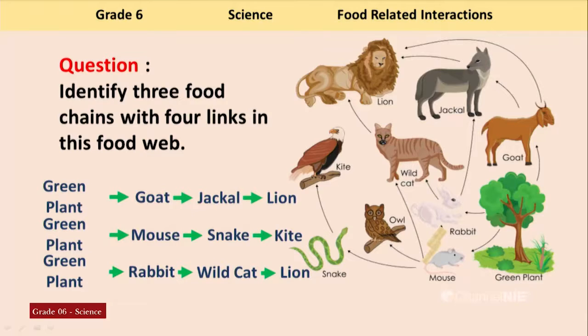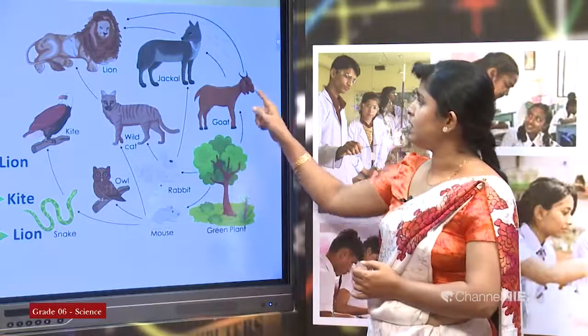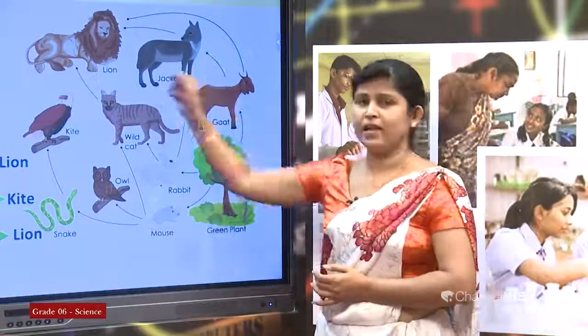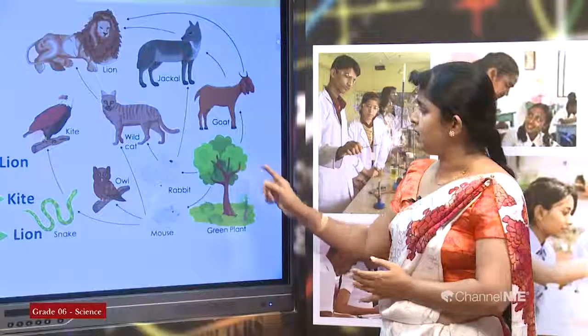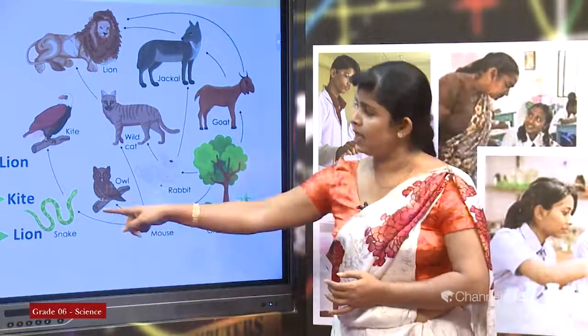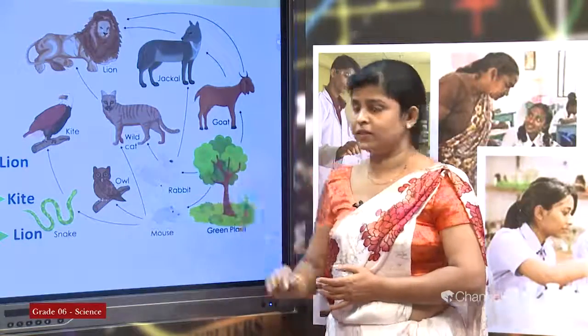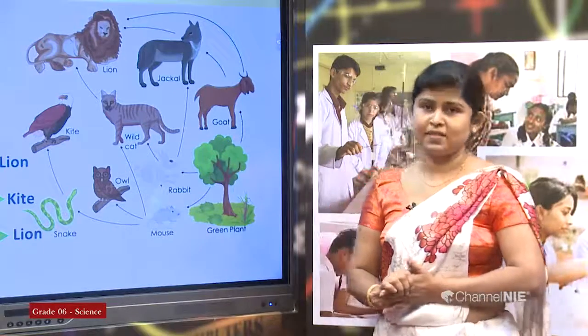Then here are the answers: green plant, goat, jackal and lion. Then look at the second one. The green plant is consumed by the mouse, then snake and the kite. 1, 2, 3, 4. There are 4 links.